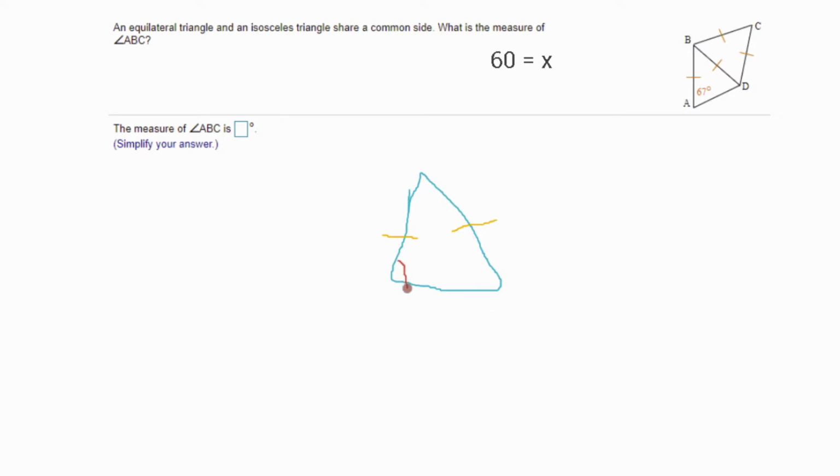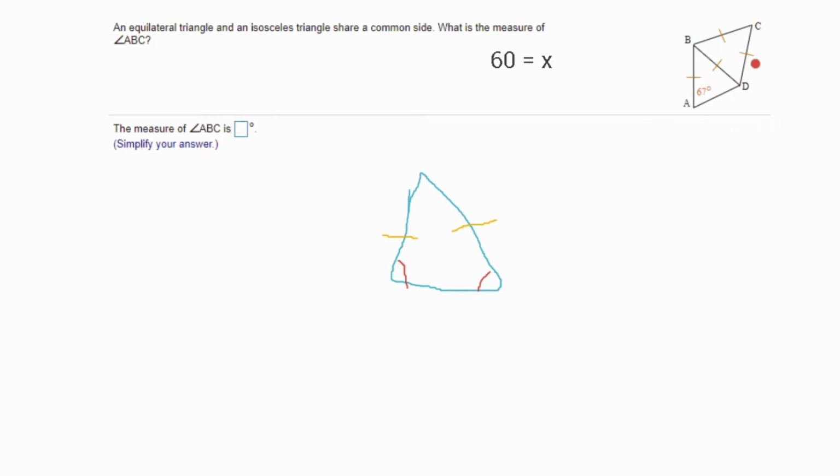If it has these two marks right here, you could say that is an isosceles triangle because two sides are equal and it isolates one side that is not the same. This side is isolated. But these two angles are the same. So this angle A right here is the same thing as this angle right here.